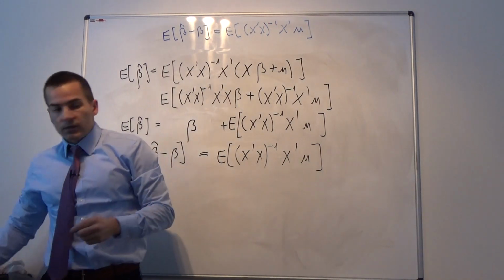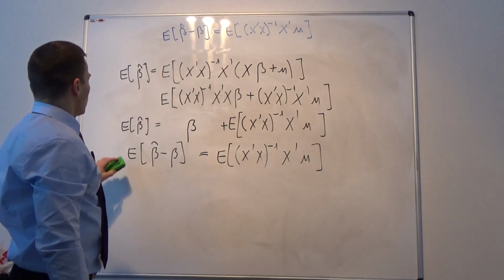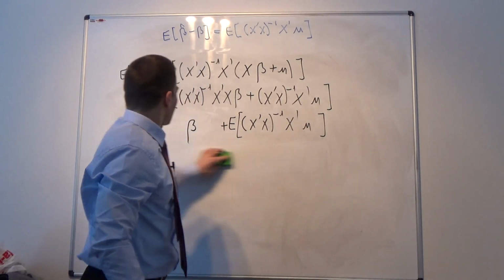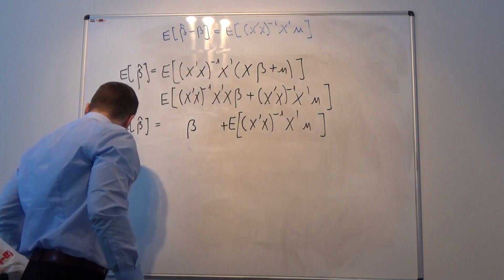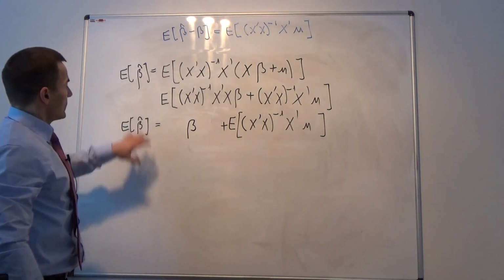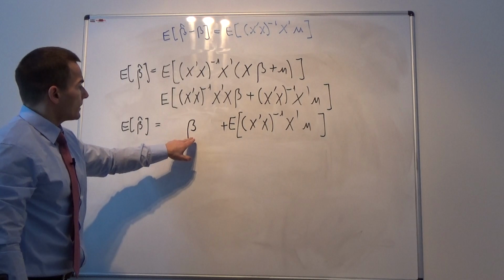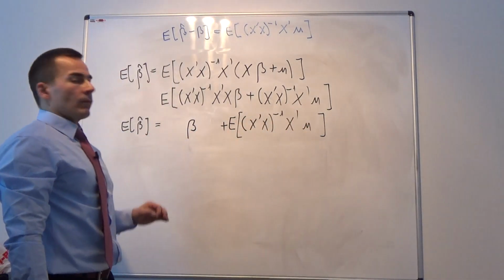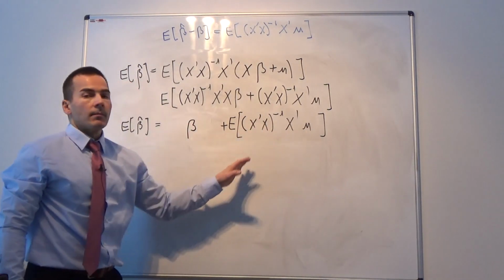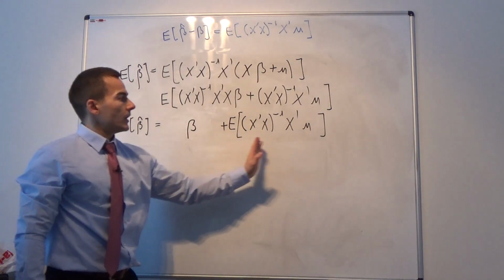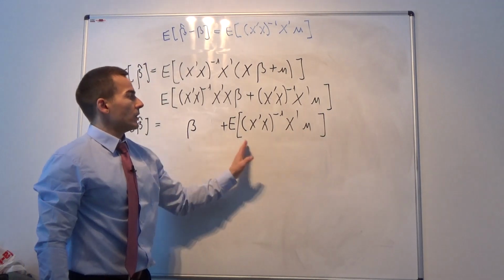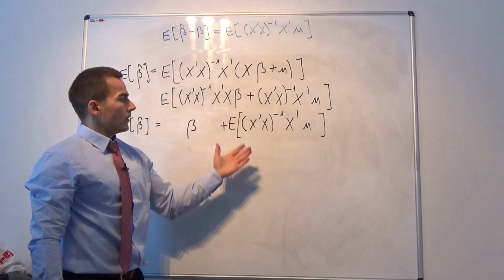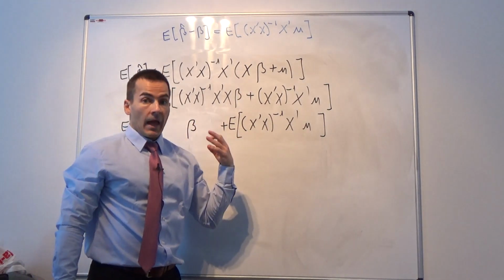Okay, let's go back to our derivation. We have seen that the expectation of beta hat is equal to beta plus the expectation of the second term. Now the question is, what is the random part here? It's the u, because we assume that our regressor matrix contains exogenous regressors.